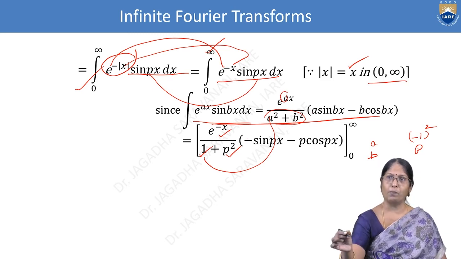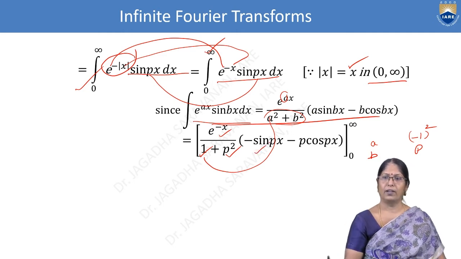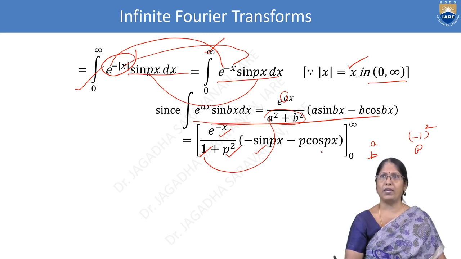So a is minus 1, giving minus sin px, minus b, that is p cos px.